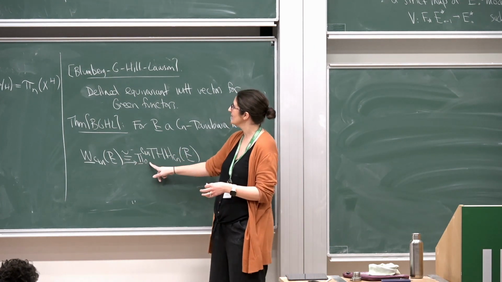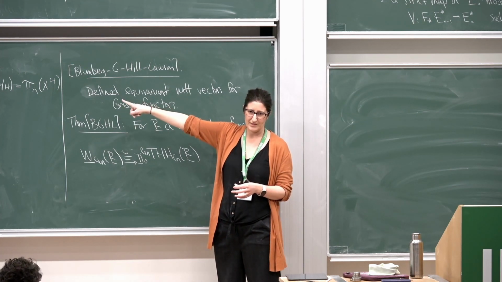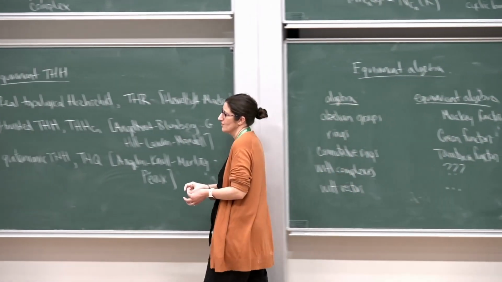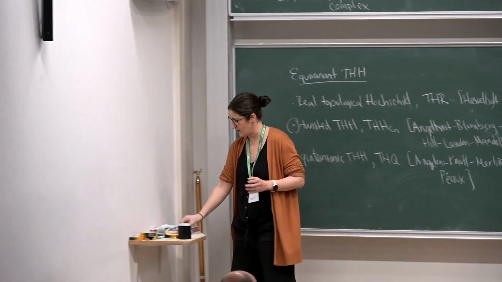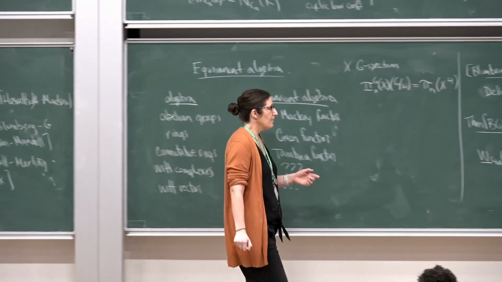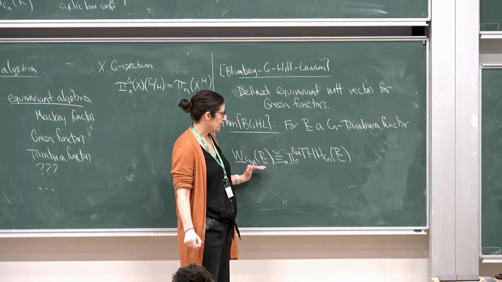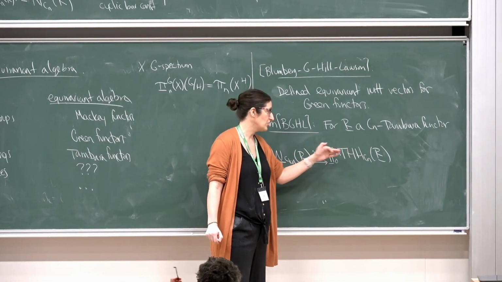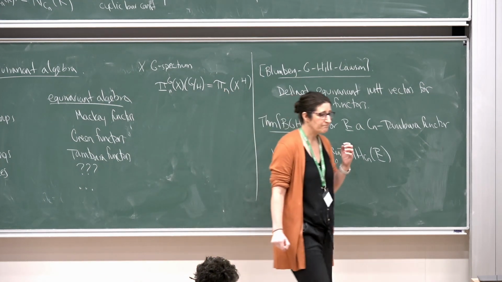Remember, this Mackey functor is homotopy groups of fixed points. So maybe it looks different than Hesselholt-Madsen's result, but we could rewrite Hesselholt-Madsen's result in a more Mackey functor way if we felt so inclined, and then you would see the parallel more directly. But this is exactly what Hesselholt-Madsen were telling us, that pi 0 of fixed points of THH, now twisted THH, is captured by the Witt vectors.